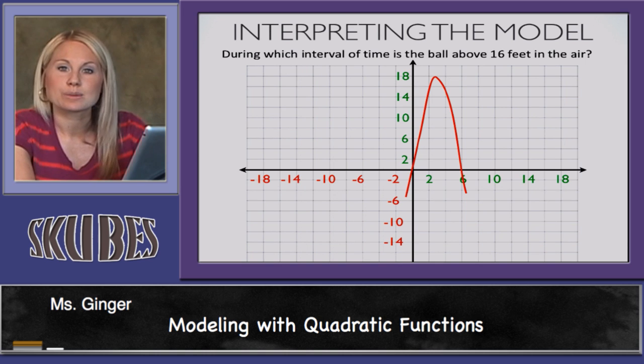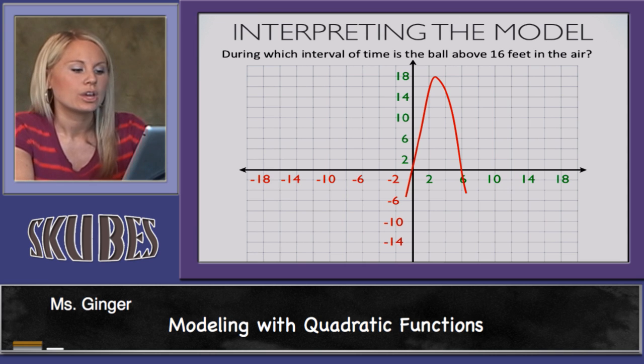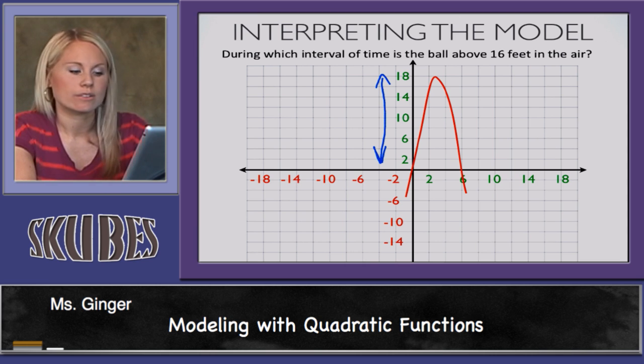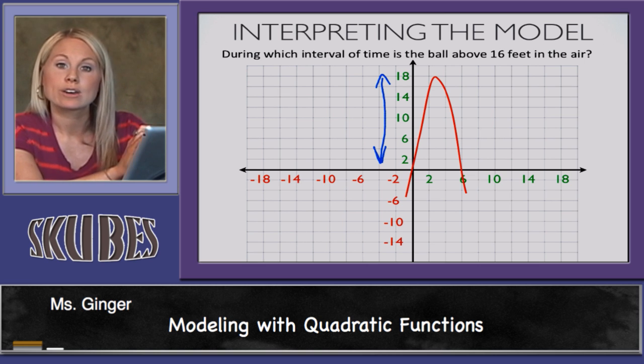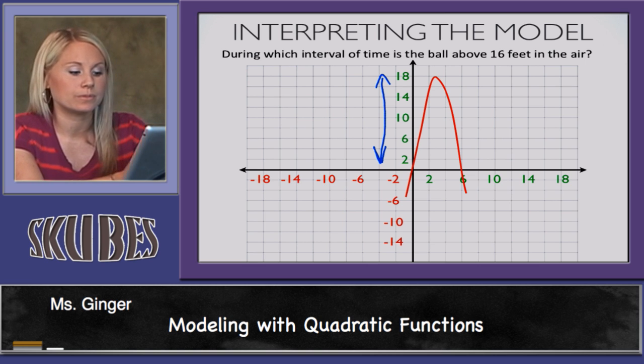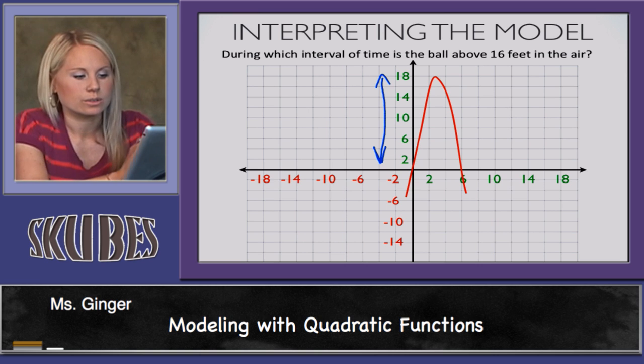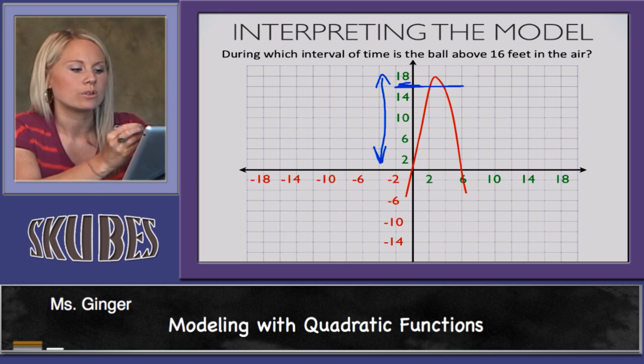Let's say we're asked at which point in time the ball is a certain height in the air. Well, we know that our y-axis here is representing our height of the ball. So let's say we, for instance, would like to know at what interval of time the ball is above 16 feet. We're just going to find that on our y-axis. According to our grid marks here, there's our height of 16 level.